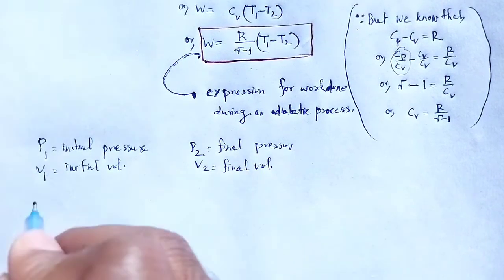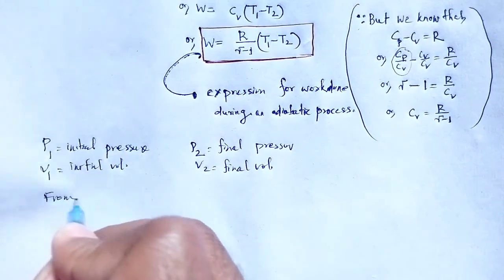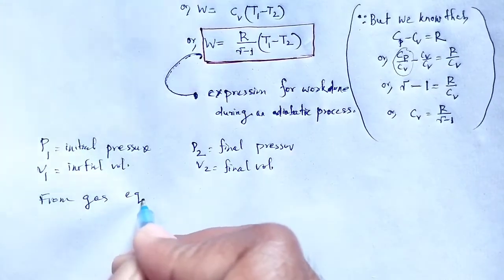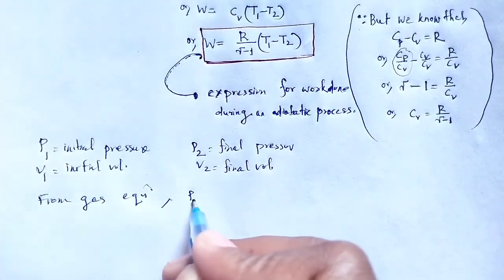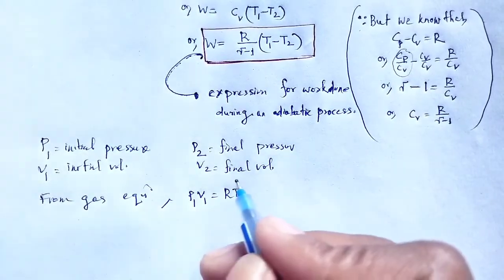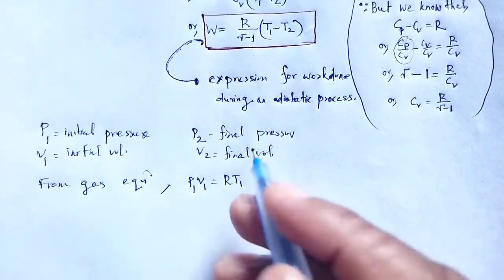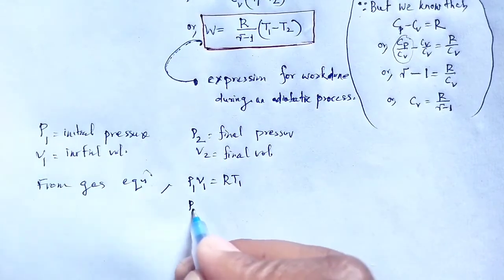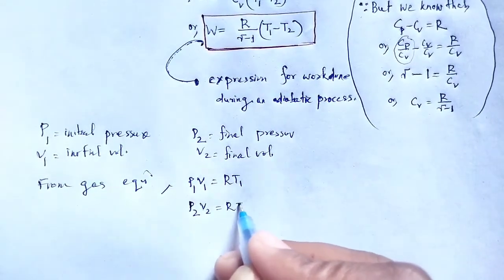So, from the gas equation we have P1 V1 is equal to RT1, R is the universal gas constant, that is constant. Again P2 V2 is equal to RT2.